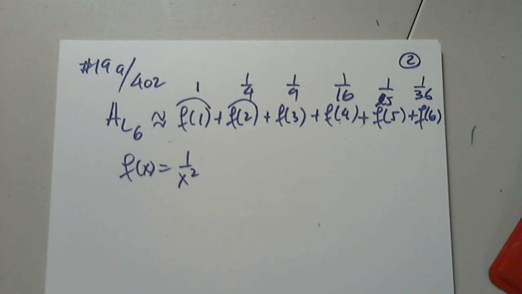So, one plus 1/4, that's 1.25. I know that already, plus 1 over 9, plus 1 over 16, plus 1 over 25, and finally plus 1 over 36.